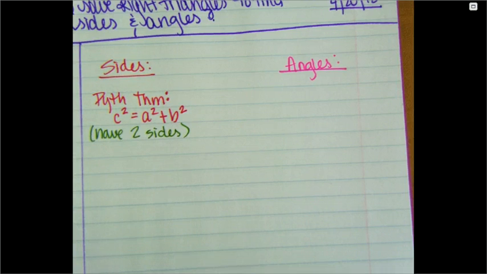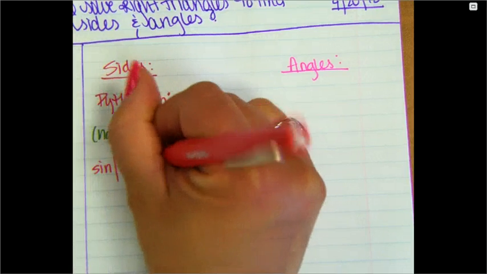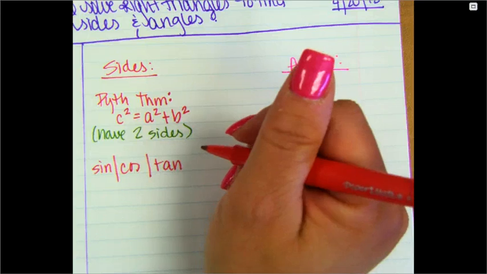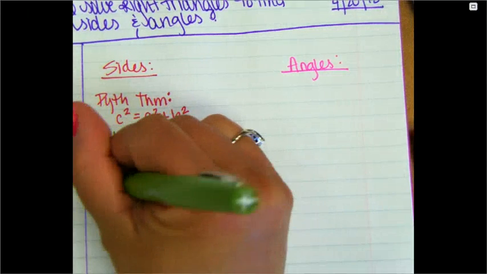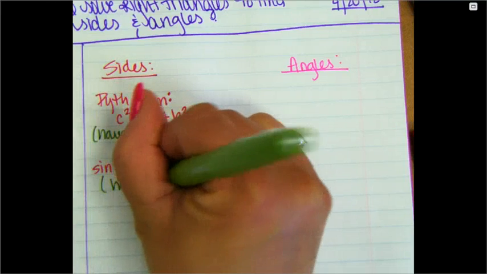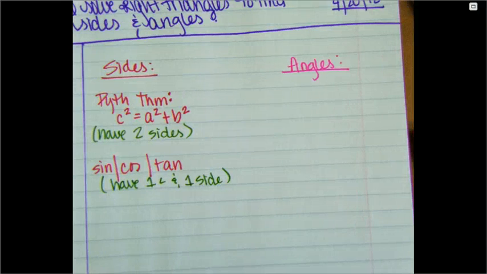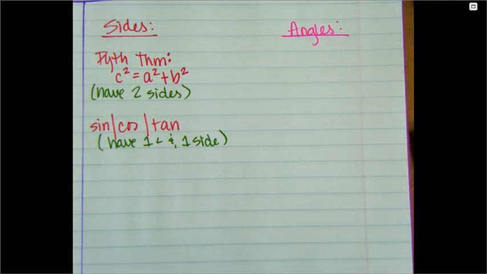What do you need for sine, cosine, and tangent? 1 side and an angle. So we have 1 angle and 1 side. Then I can use sine, cosine, and tangent to find my other 2 sides, correct?